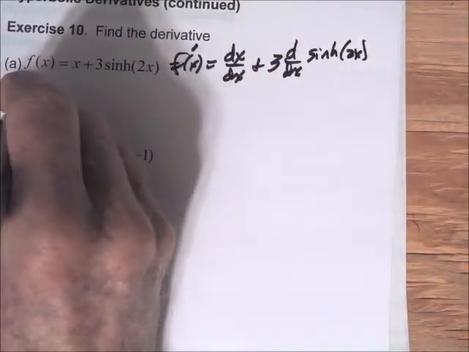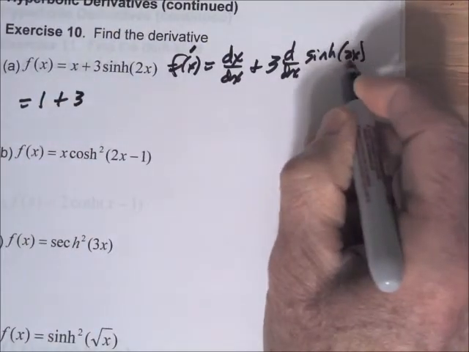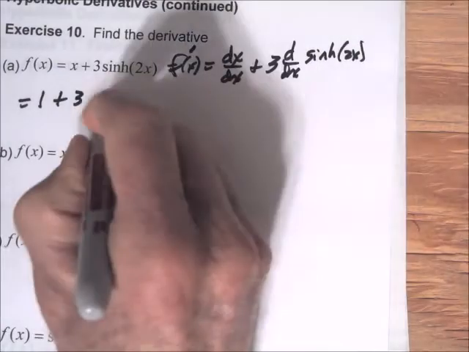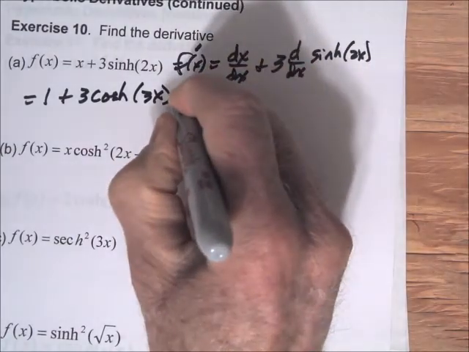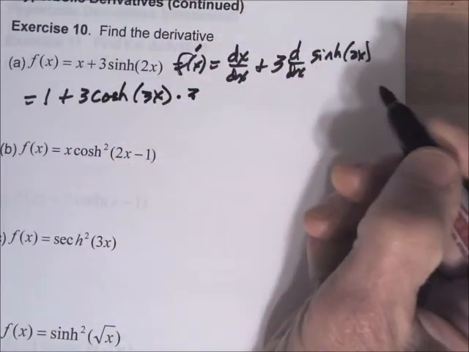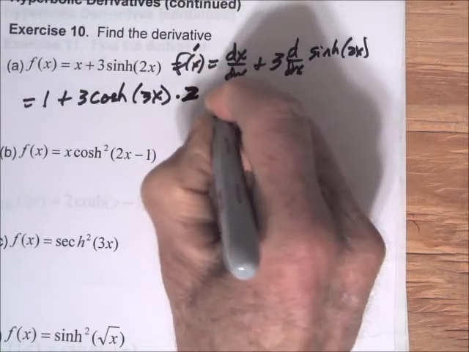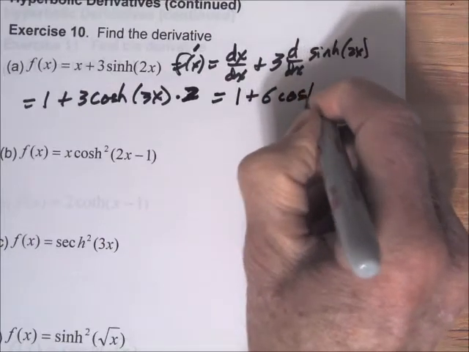Derivative of x with respect to x is 1, and the sinh of 2x is a composite function, so the outside function is sinh, the derivative of sinh is cosh of 2x, and then times the derivative of the inside, so that'd be times 3, times 2. And 2 times 3 is 6, so this is 1 plus 6 cosh of 2x.